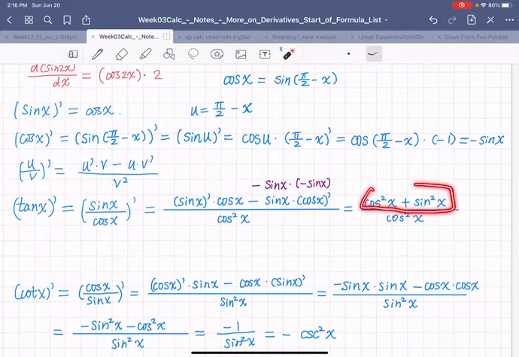How much is this? That's 1. Very good. Trigonometry identities. That equals 1 over cosine squared x. Who is 1 over cosine x? Secant x. So this becomes secant squared x.